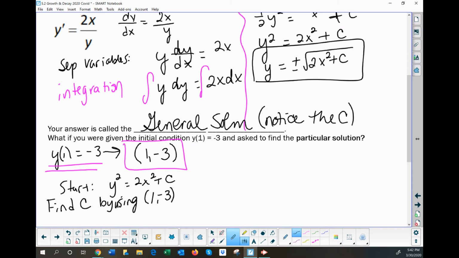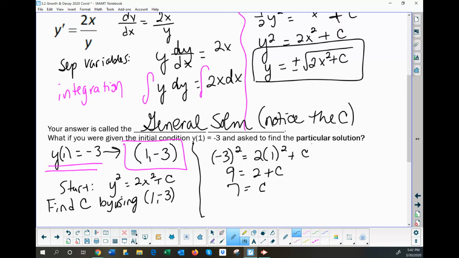We know our original function here must pass through the point 1, -3. So I'm trying to find the equation that has that characteristic. So I'm going to substitute 1, -3 in. So this will be -3 squared equals 2 times 1 squared plus c. 9 equals 2 plus c. Therefore, c is 7.